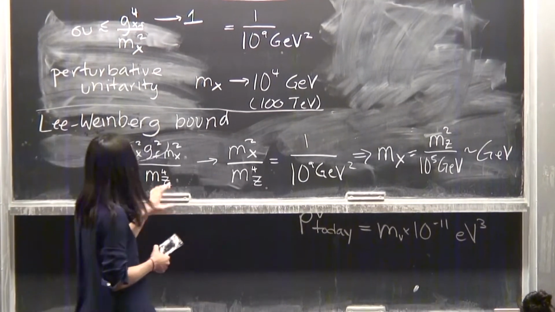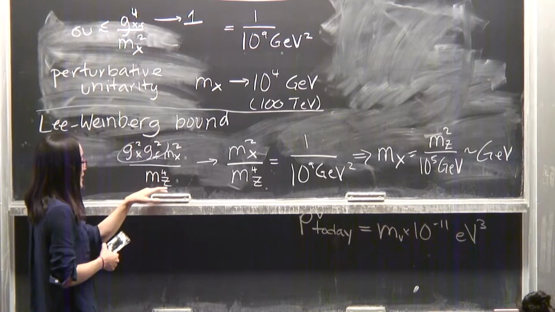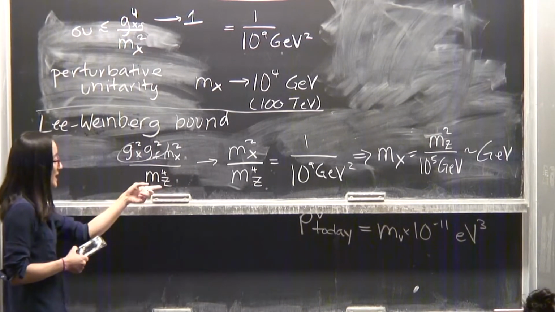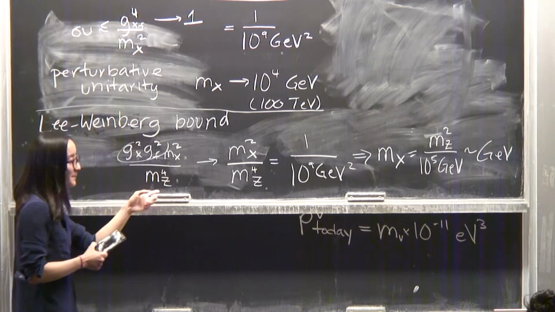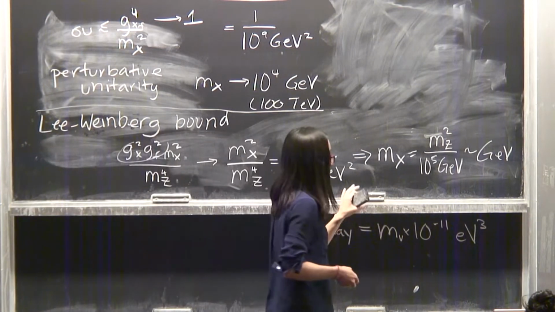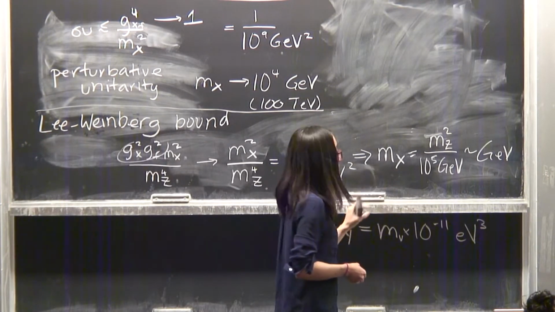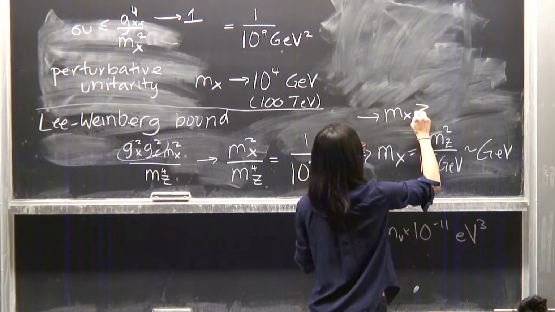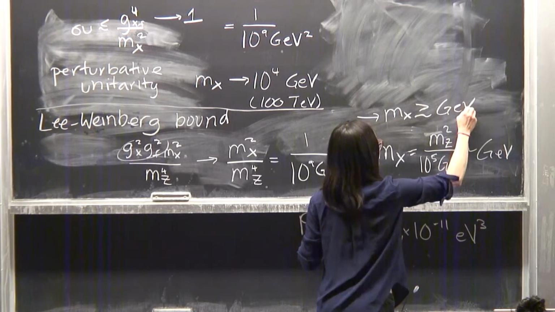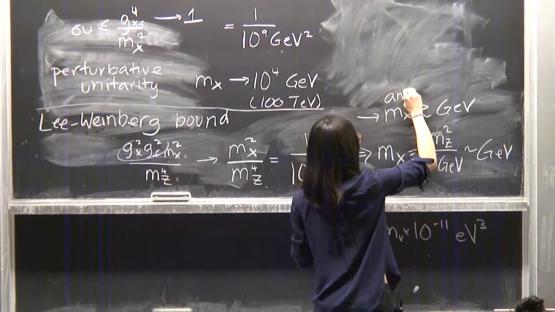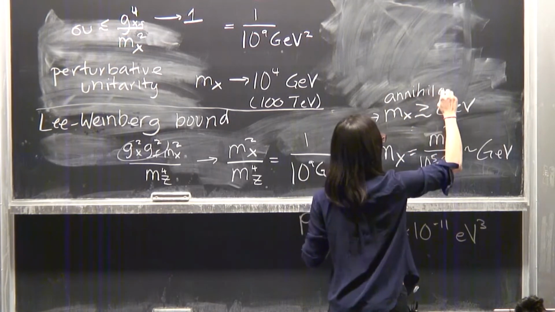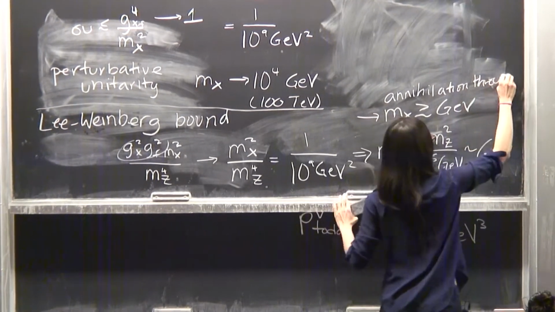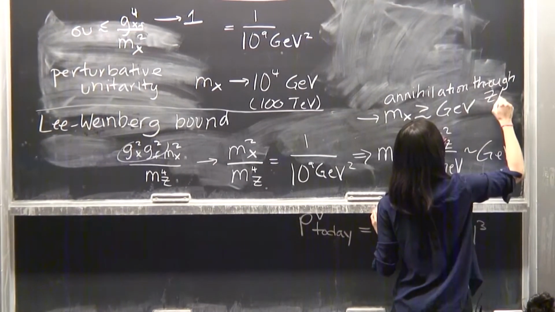And so the Lee-Weinberg bound says that annihilation, well, they specifically considered some sort of heavy lepton, but if I look at annihilation through a Z, the dark matter mass has to be greater than about a GeV. Z, Higgs, let's see.